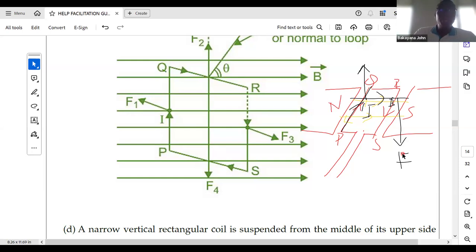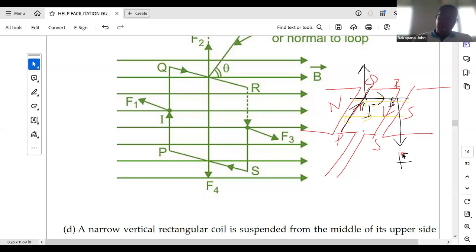So at that point, they're telling us that, supposing we go back to our question, it has turned such that the angle between the normal to the coil, of course we are talking about the rectangular coil, and the field is theta.